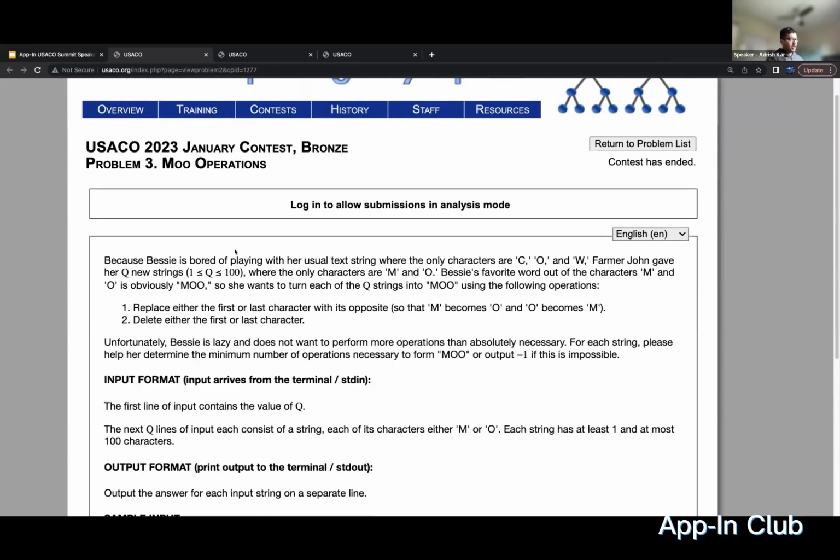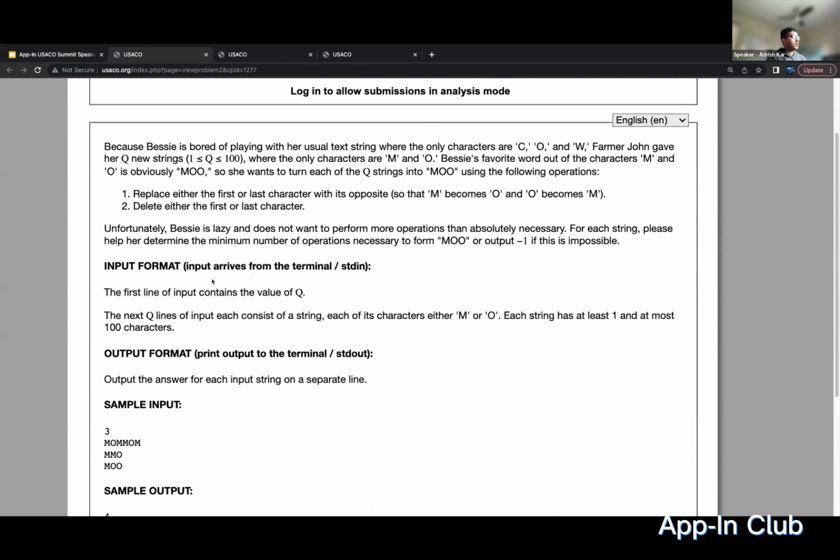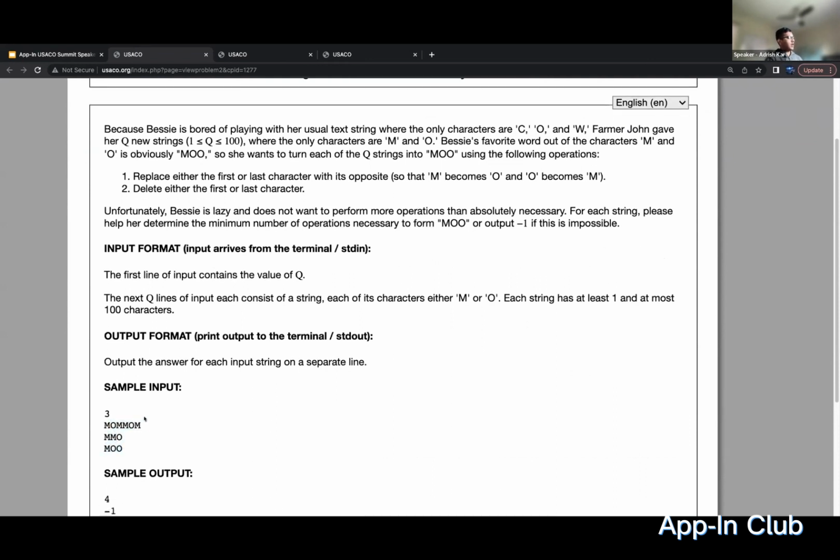Essentially, we have Q strings, each comprised of the characters M and O. Our job is to determine, for each string listed in the sample input, whether it's possible to use these two operations repeatedly to arrive at the ending string MOO.